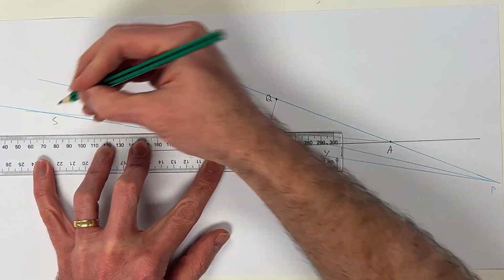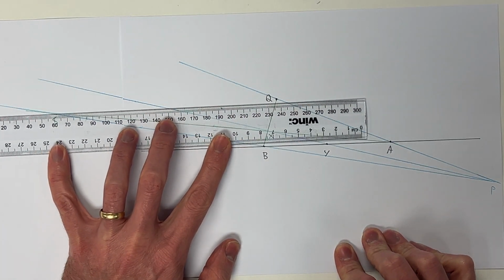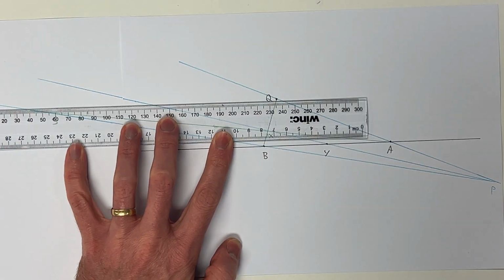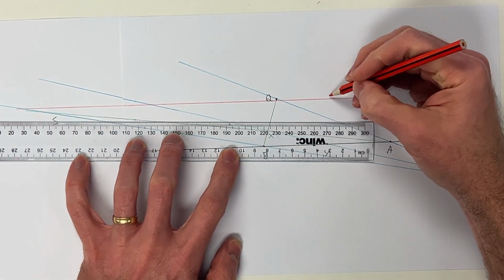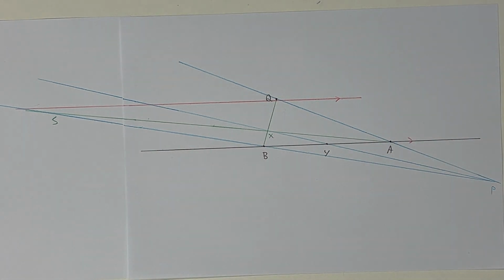And that's my point S. And then the line I want is QS. So it really does work no matter how you do it.